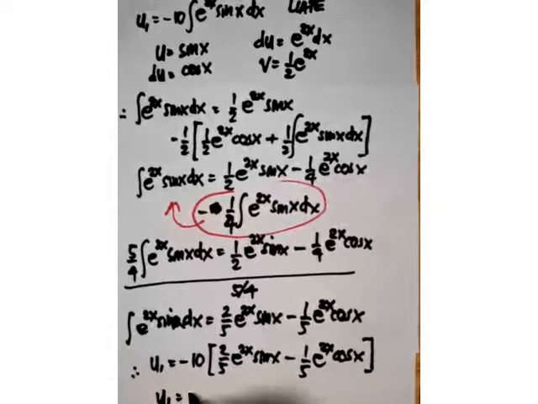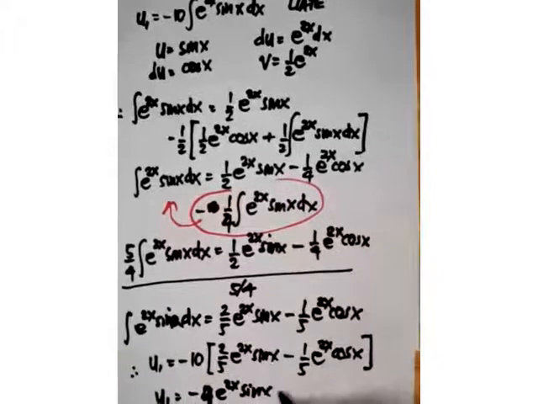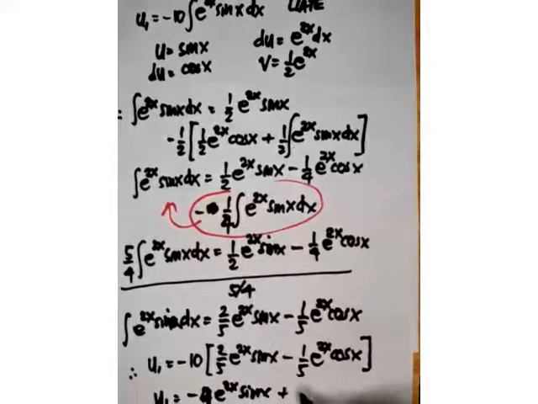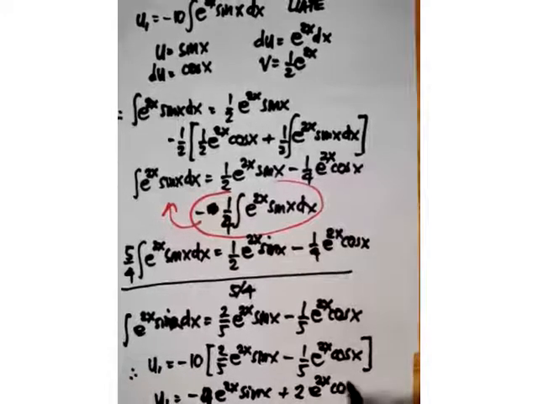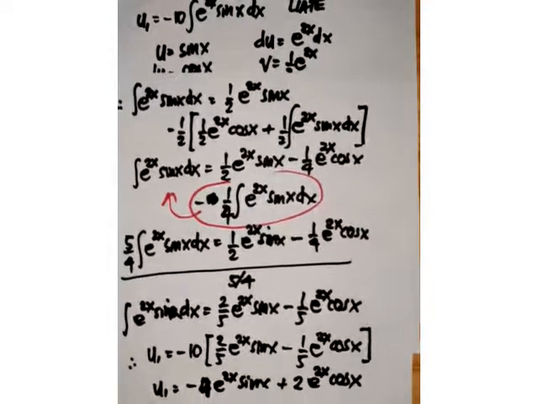Simplifying, that's negative 4 e raised to 2x sine x plus 2 e raised to 2x cosine x. Okay? Finally.